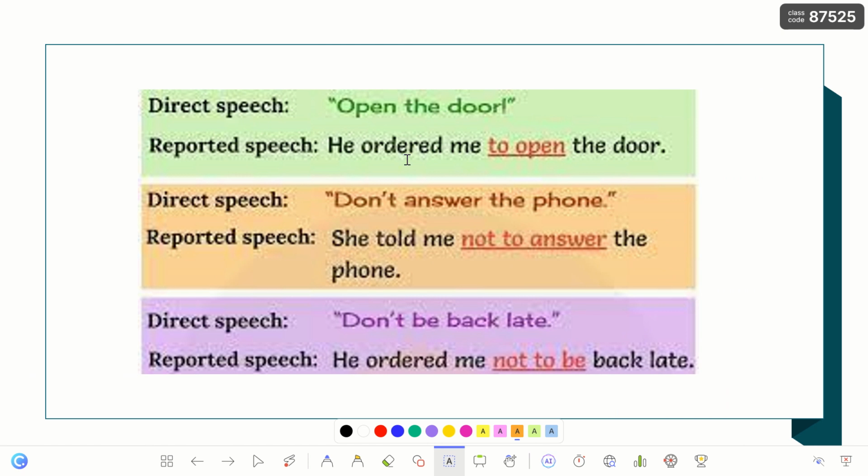"Open the door." "He ordered me to open the door." If I have a negative, "Don't answer the phone." "She told me not to answer the phone." "Don't be back late." "He ordered me not to be back late." I think this is the easiest part of reported speech, to report orders, advice, warnings, and so on.